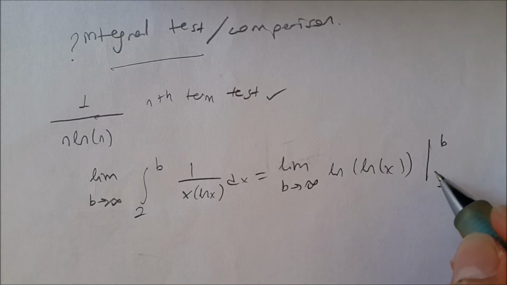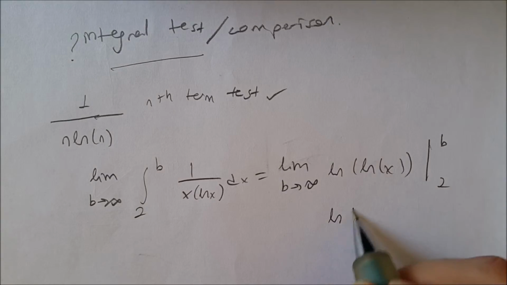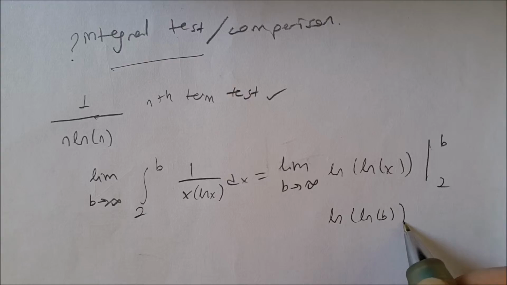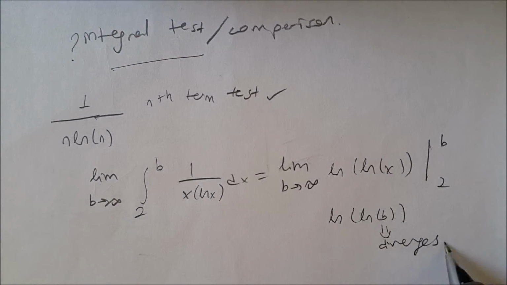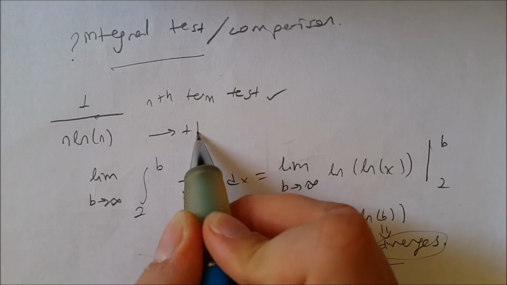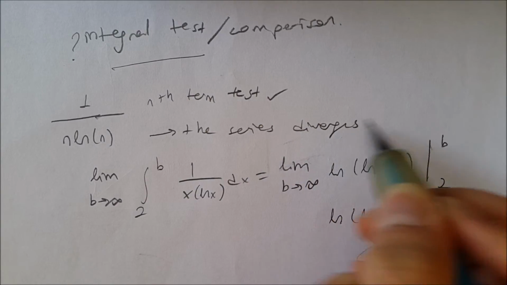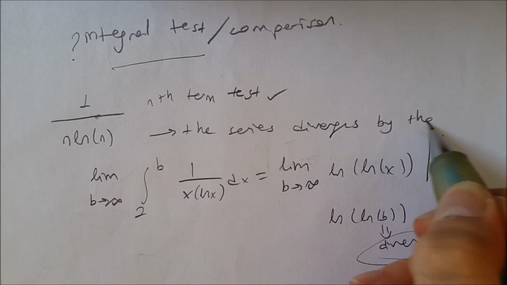If you put these values inside, you would get that ln(ln b) diverges. So you don't need to check any other part of the equation. It's enough that one part of it diverges. So the series diverges by the integral test.